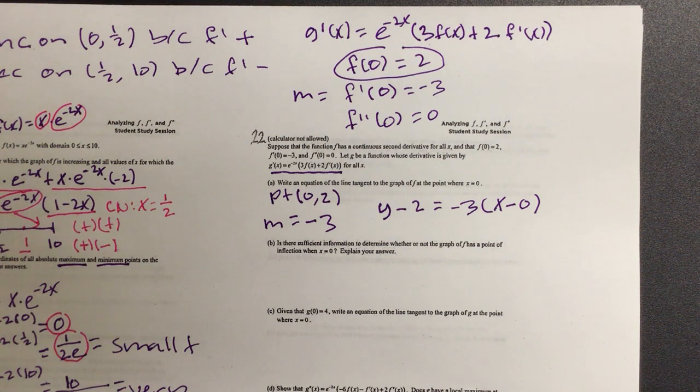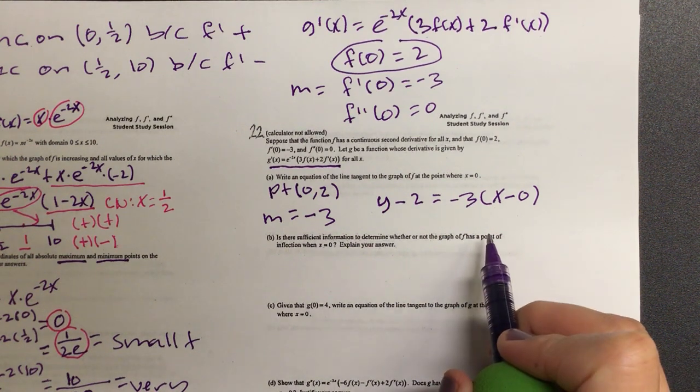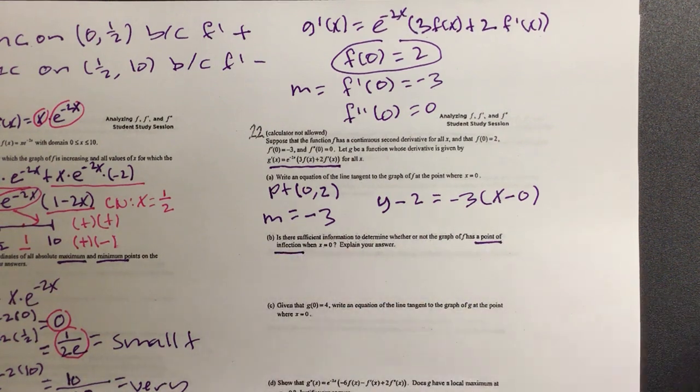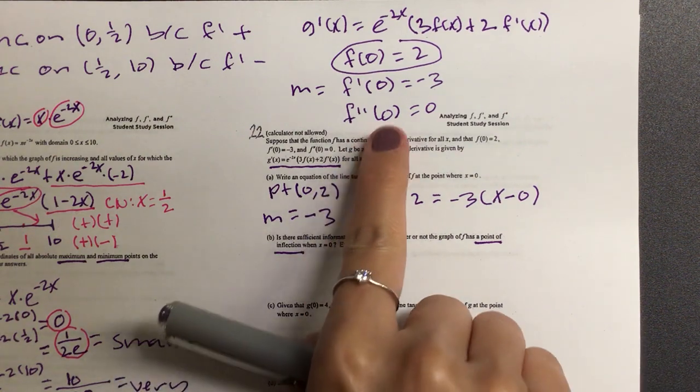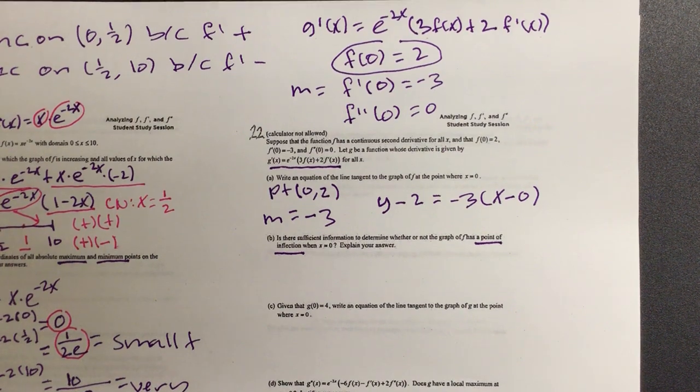All right, part B, Hunter, let's read. Is there sufficient information to determine whether or not the graph of f has a point of inflection when x equals 0? Okay. Let's underline point of inflection. Don't we already have the information about the point of inflection at 0? So we know f double prime is equal to 0, but is it a guarantee that my left and right are going to be a positive and a negative? Could they both be positive?